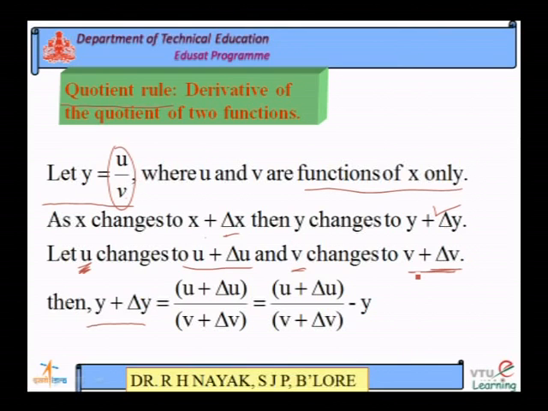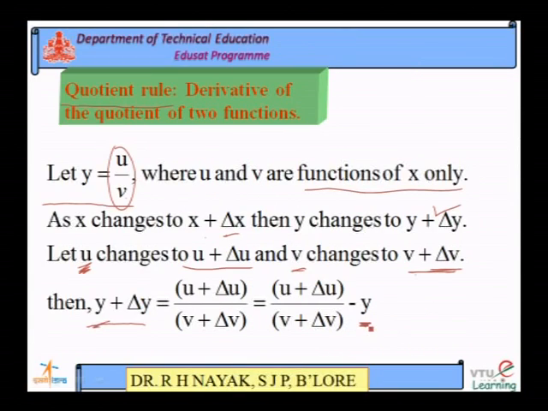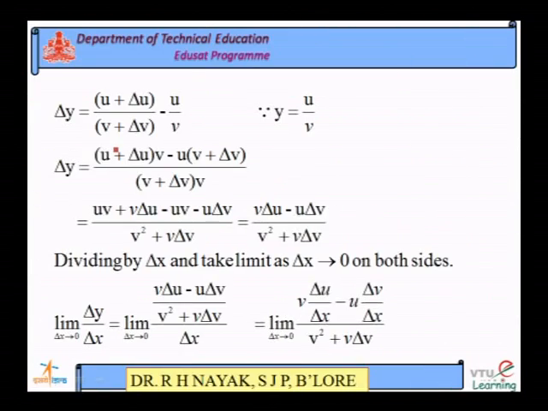That is equal to, y is transferred to the right side, then it will become minus y. You substitute y value. What is y value? Y value is equal to u divided by v. That is substituted here. Delta y is equal to u plus delta u by v plus delta v minus u by v.